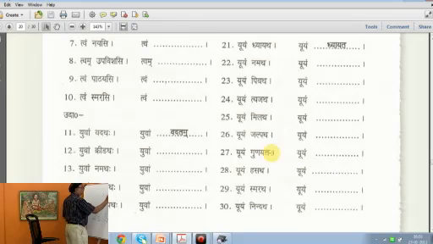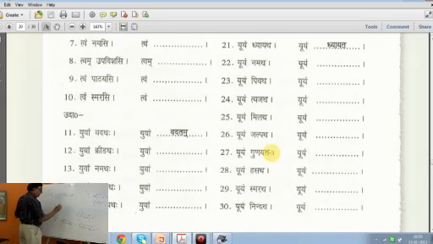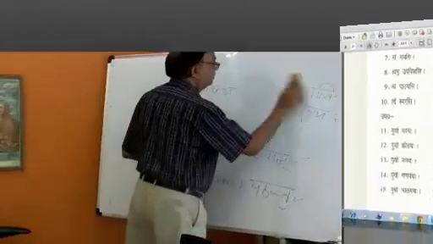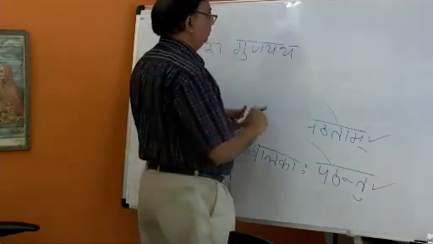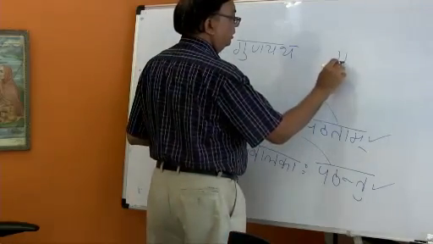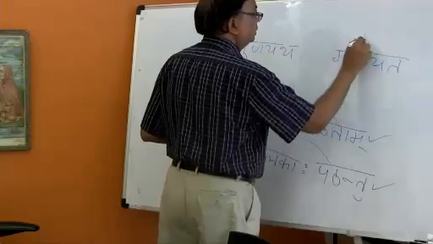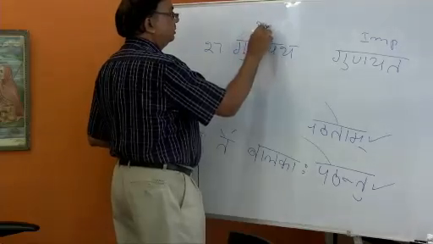It should be first Gunayatha in the present tense form, and then in the imperative mode what does it become? Yes, it becomes Gunayata. This is imperative. This is present tense.